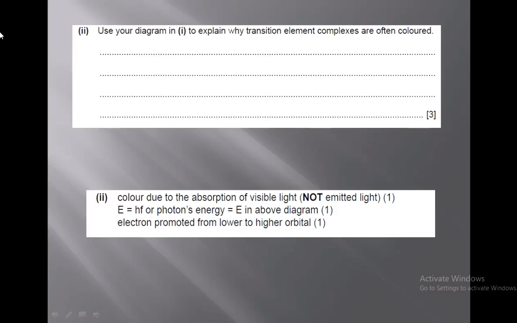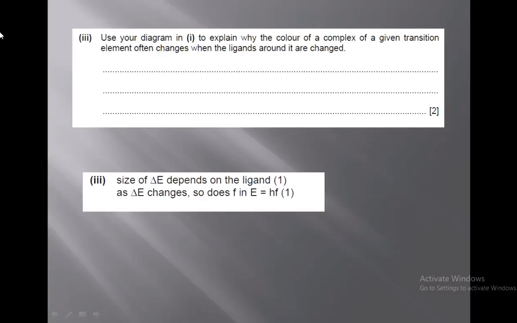When the photon's energy is absorbed, electrons are promoted from lower t2g orbitals to higher eg orbitals. So these three statements would give you 3 marks. Be specific about them. I've given you the notes about this type of question, so go through them also.